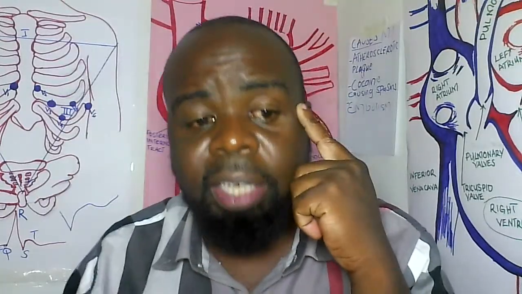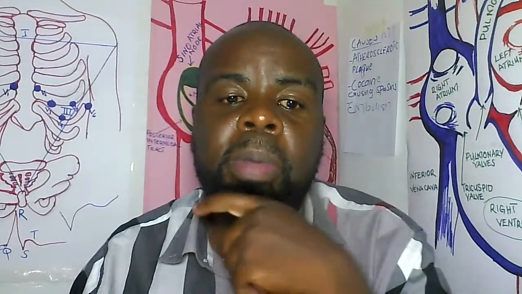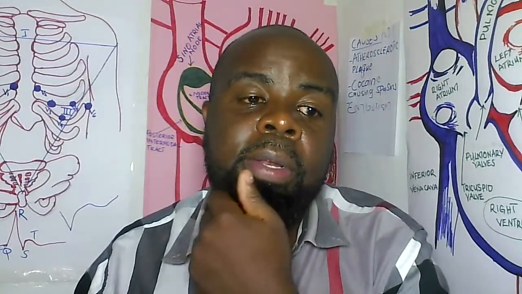Stroke is from the brain, and it means part of your brain is not getting oxygen. So if part of your brain is not getting oxygen, you will get stroke.